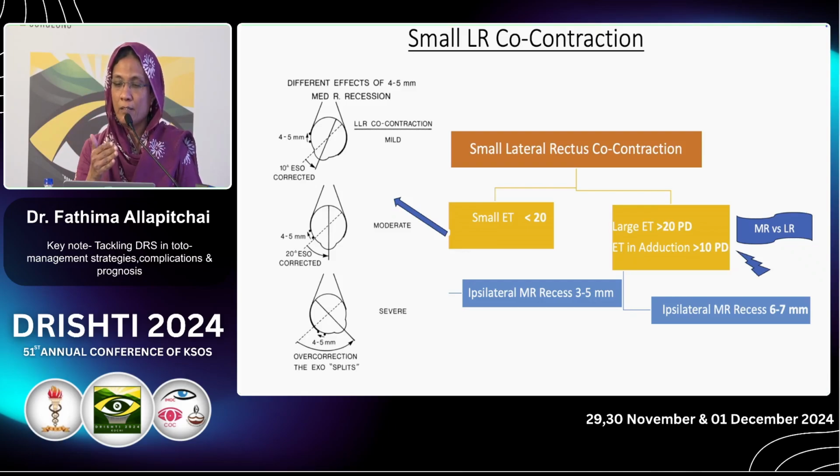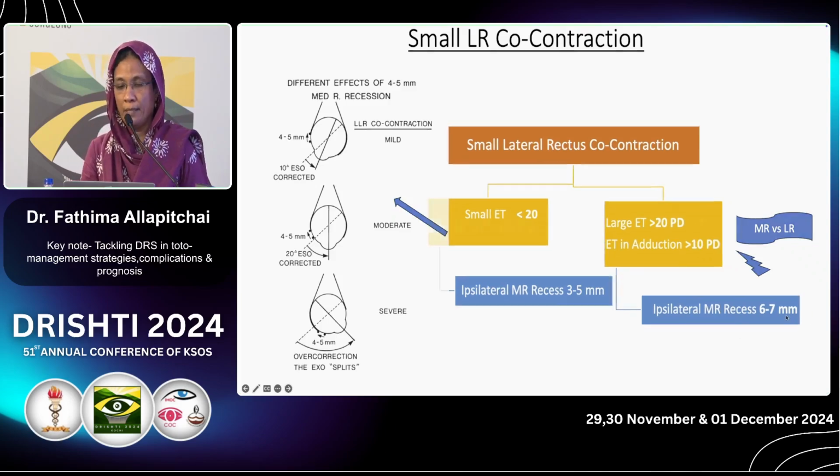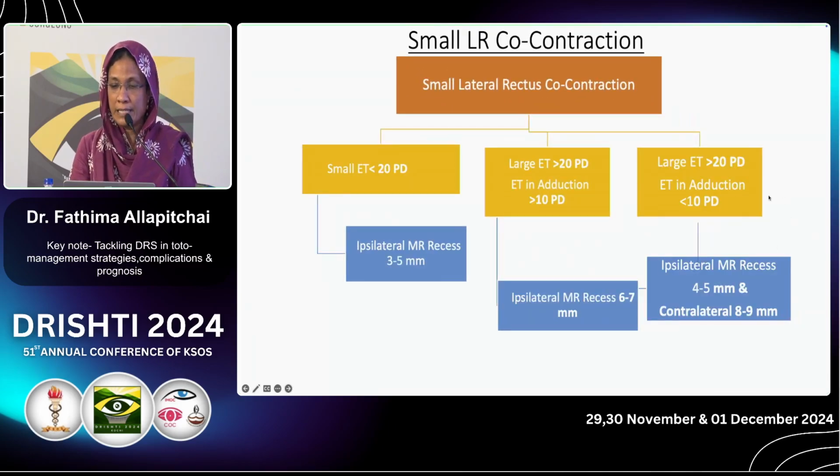In adduction also, there should be some amount of esotropia, at least more than 10 prism diopter. If it is less, you can understand that in adduction your lateral rectus is anomalously contracting, so you can restrict the dosage. If it is more than 10 prism diopter, you can go ahead with medial rectus recession up to 6 to 7 mm, but not if it is less than 10 prism diopter.